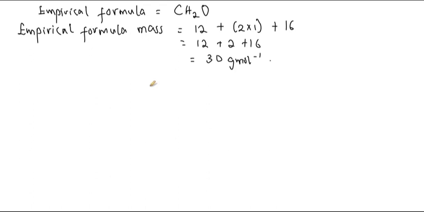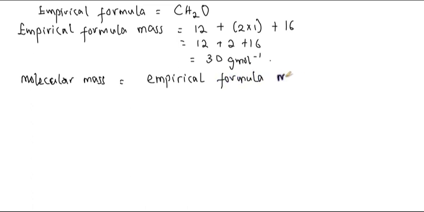And so the number of times is what will be referred to as n, that is the whole number multiple, hence giving us a relationship to be molecular mass equals empirical formula mass times n.